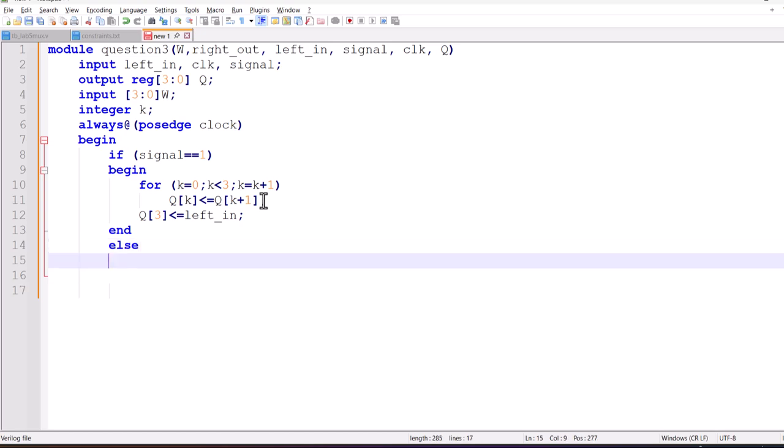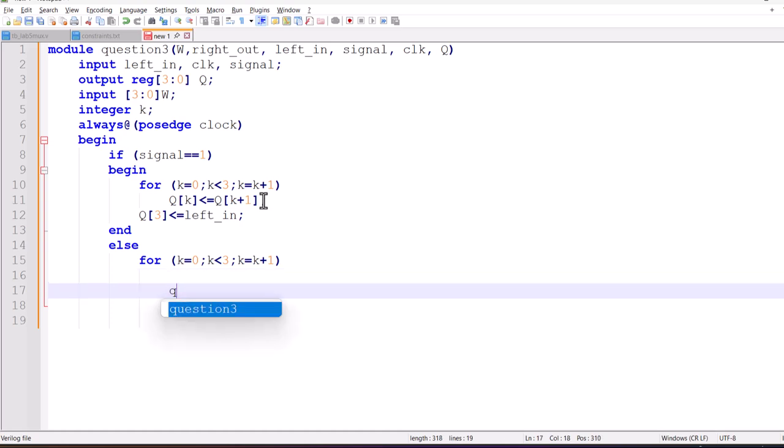Else, we'll have another for loop for K equals 0, K less than 3, K equals K plus 1.